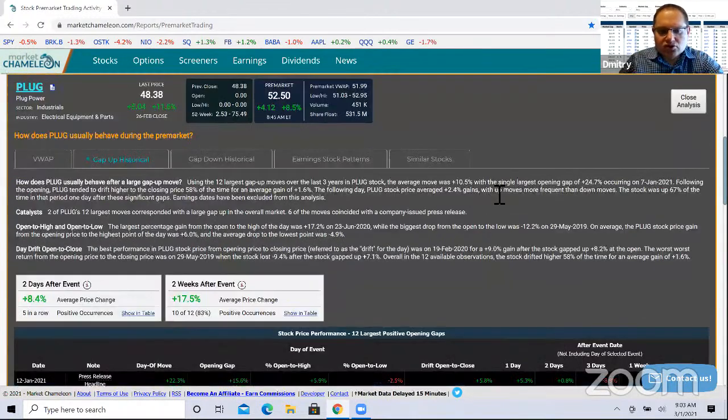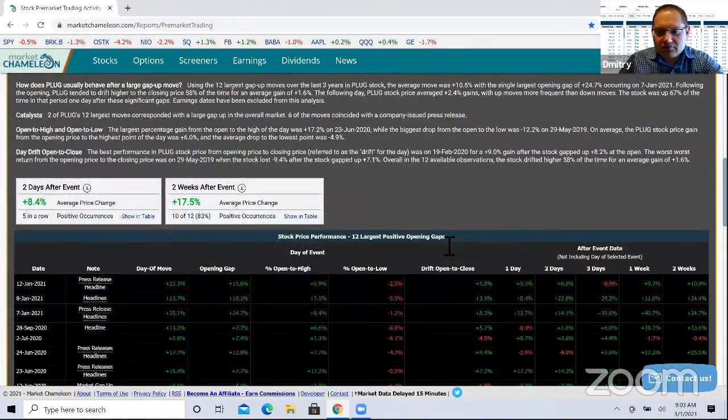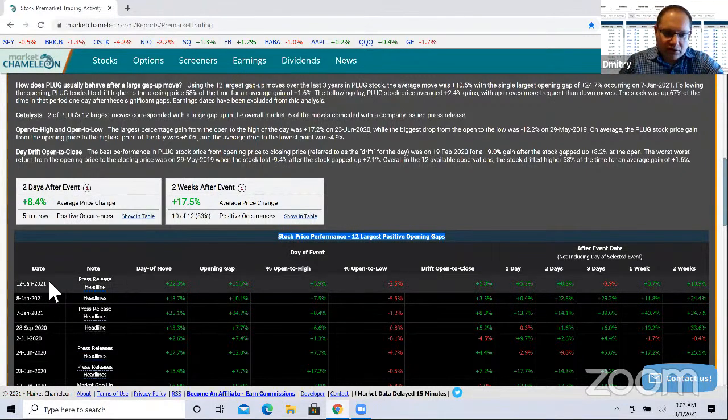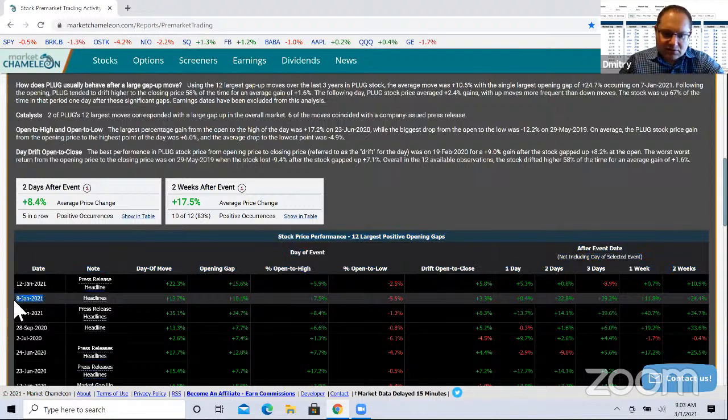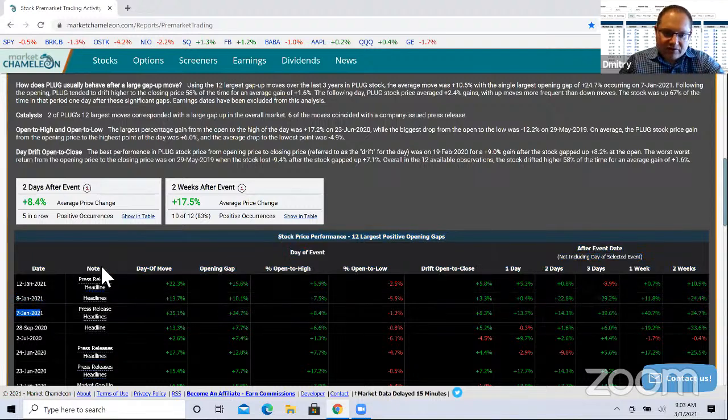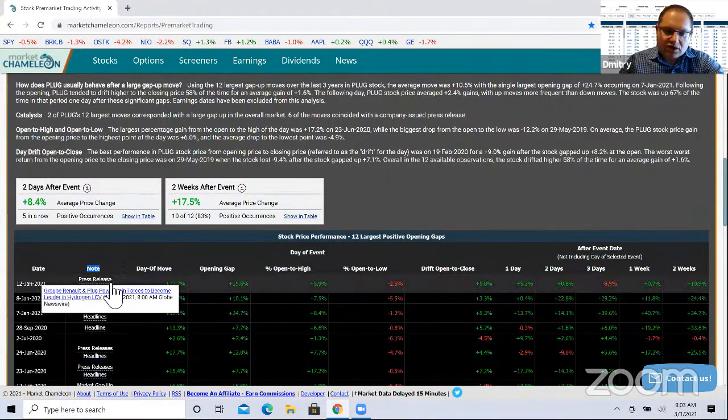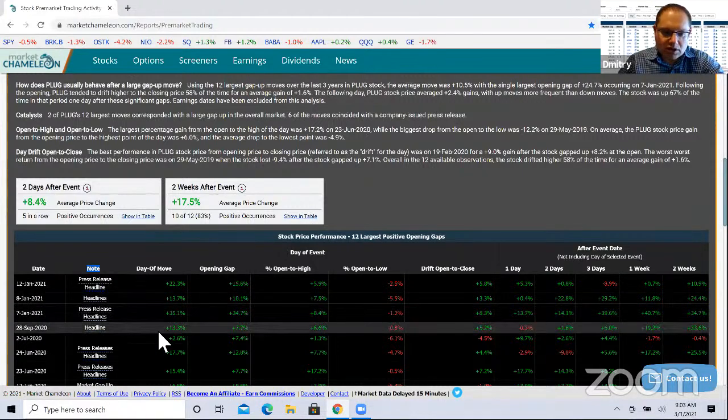What this will do is take a look at the 12 largest gap moves in the last 3 years, to see what happened that day after the gap. Over here, we've got the dates of the gap. We have notes here, which, if you hover over any news events that were released that day, you could read those headlines and go to the news article.